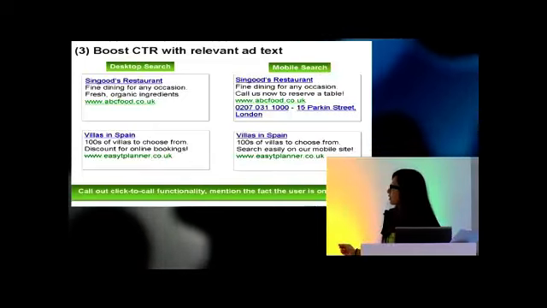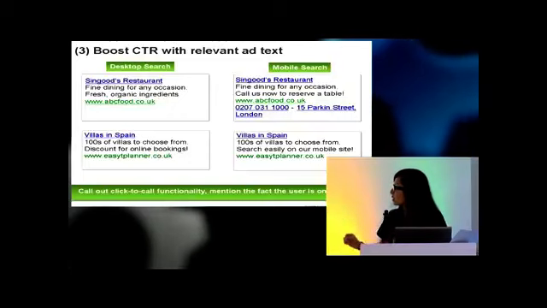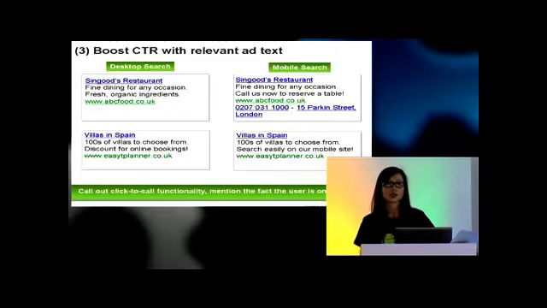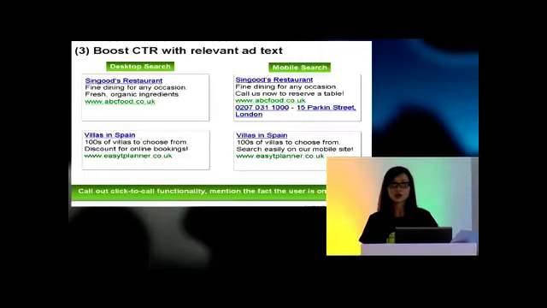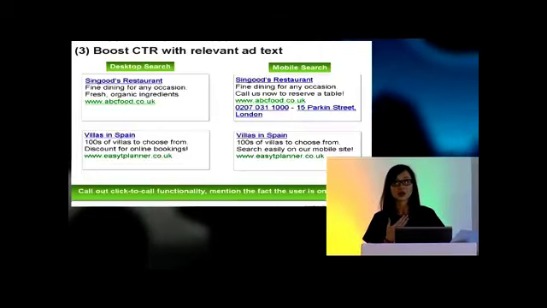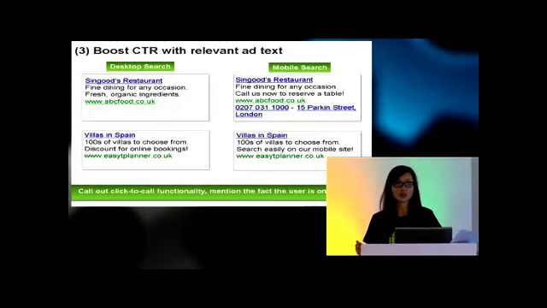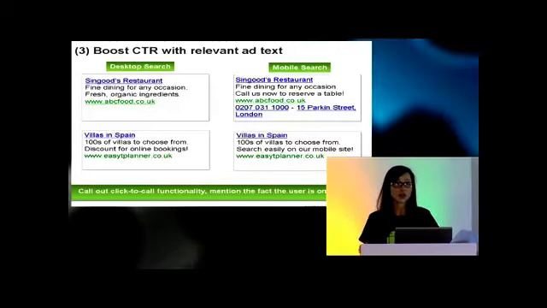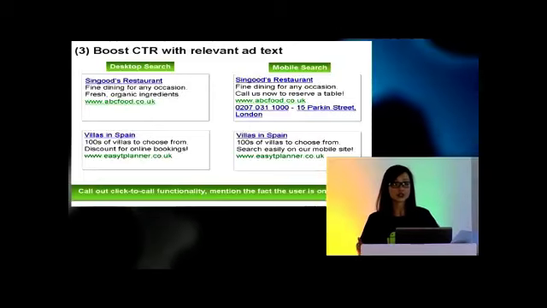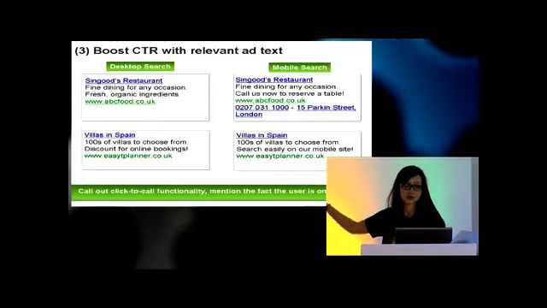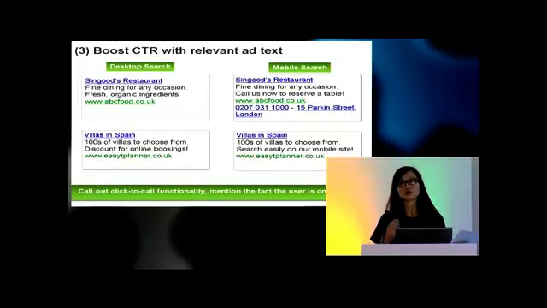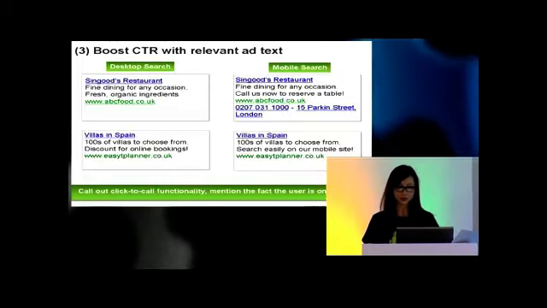For a mobile user, hundreds of villas to choose from, search easily on our mobile site. That's pretty powerful. I'm a mobile user, I'm a straw poll of one, but I'm sure there are people in this room who agree with me that when I'm looking on my phone, sometimes I am busy and I want the easiest and quickest solution. And that to me seems like that. So always remember to include relevant messaging.